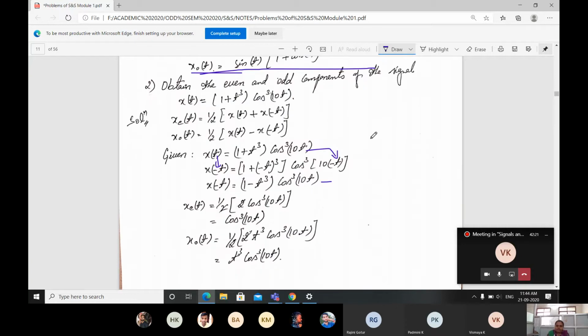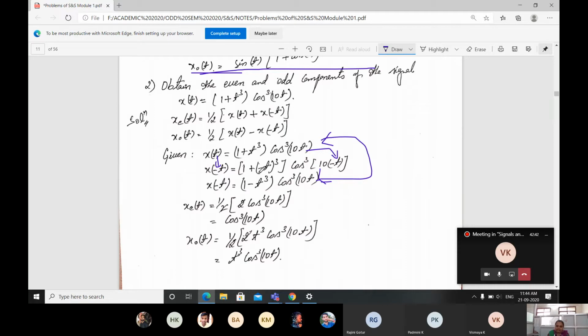Then what you have to do? We have to add these two if you want the even part. Then you have to subtract x of t minus x of minus t, you will get your odd part. If I add x of t and x of minus t, I will get x e of t equal to 1 by 2.